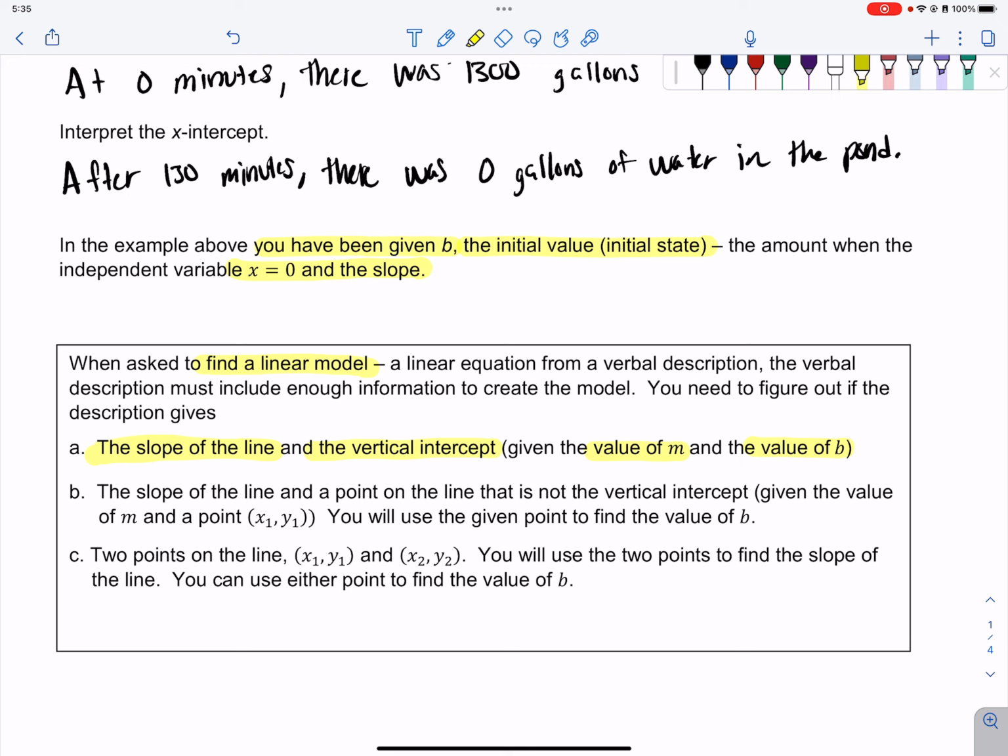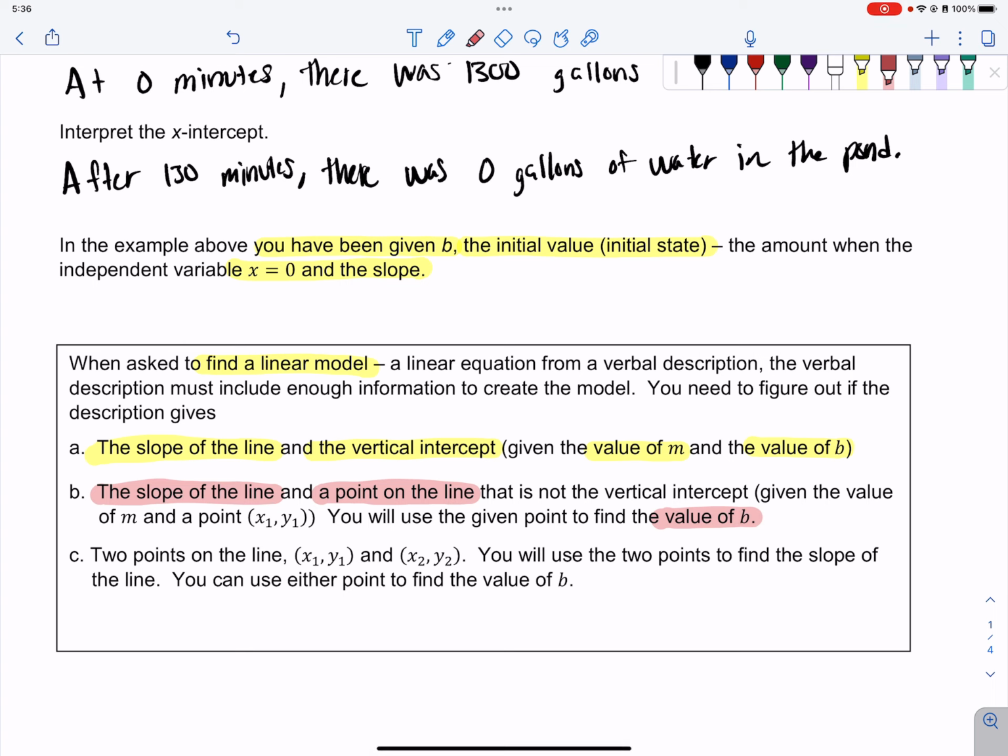The next option is a little bit more work, but not too bad. You're still given the slope of the line, some sort of rate, but then you're given a different point on the line, something that's not the y-intercept. With that, you use that point as your x and y in your equation and solve for the value b.